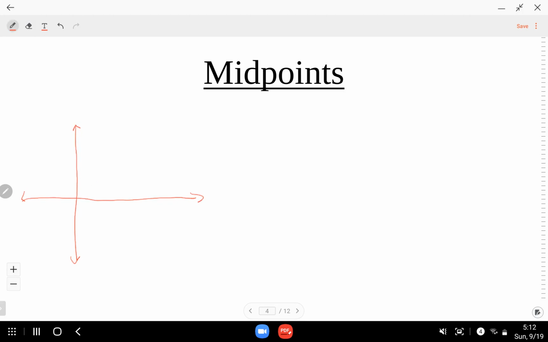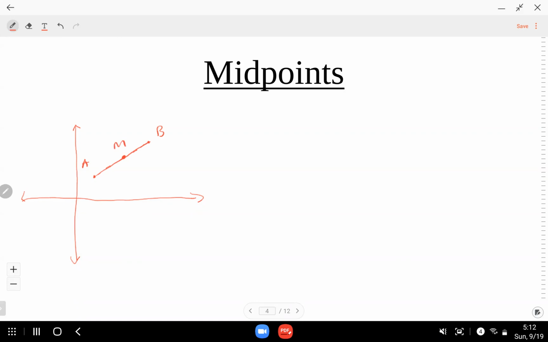We're gonna have the same points A to B, and this is the distance between them. And then in the middle of this segment AB, all right, let's make this segment. In the middle of the segment AB, we have M, which is the midpoint of AB.